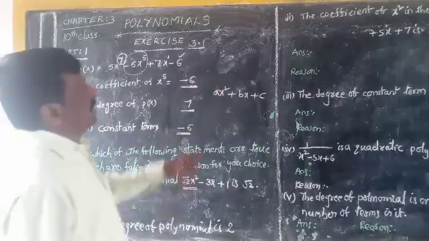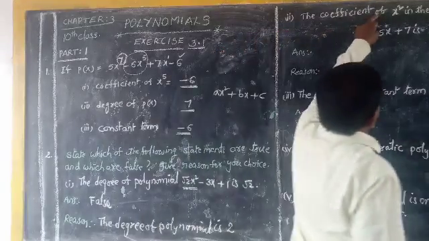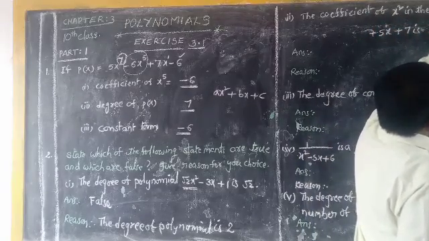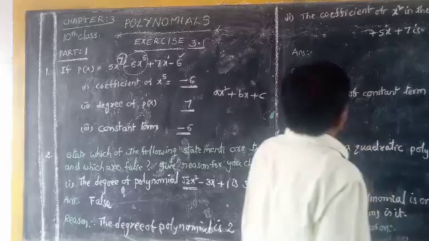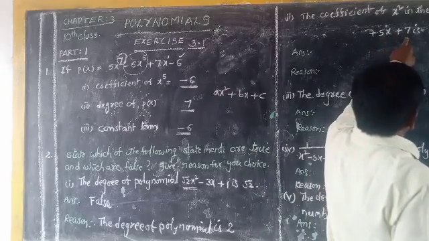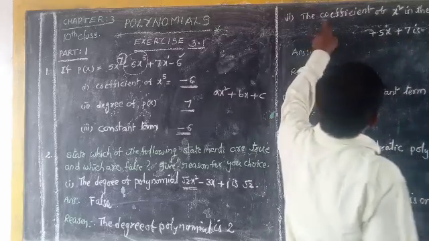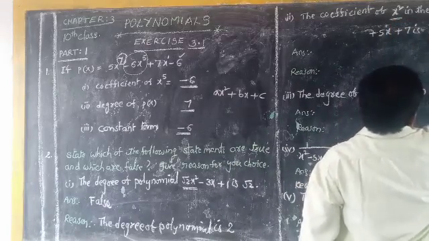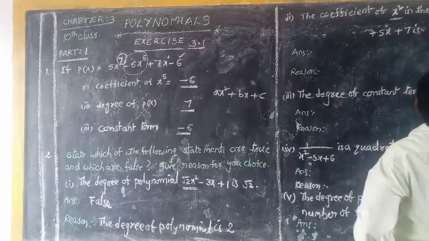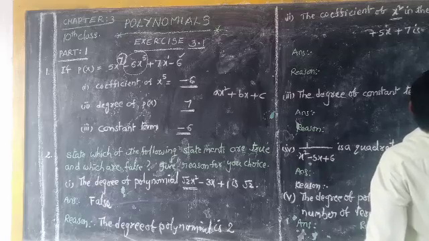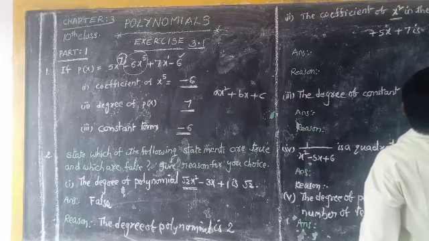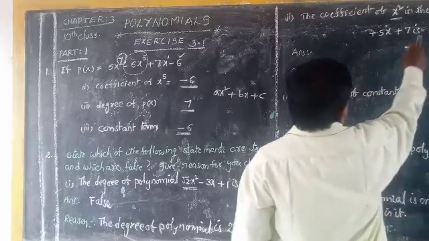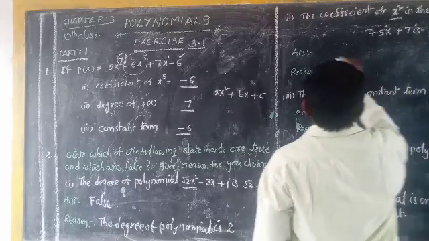Next, the coefficient of x square in p of x, 3x cube minus 4x square plus 5x plus 7, is 2. Look at the x square term: this is the degree, and the x square coefficient is minus 4. So it is not 2. False.